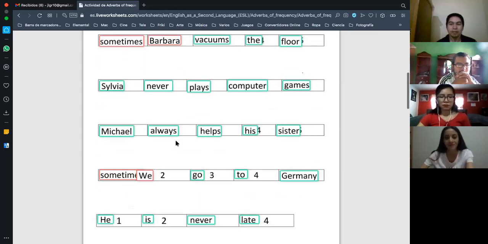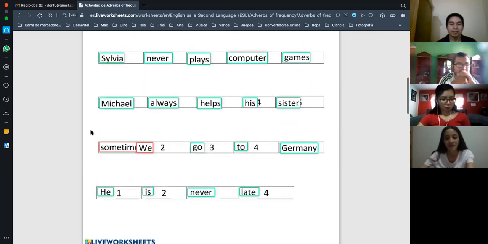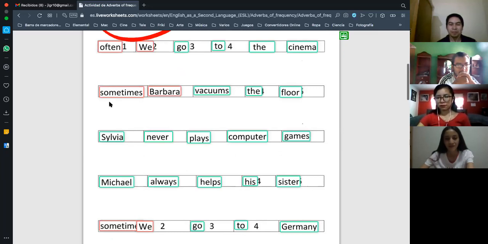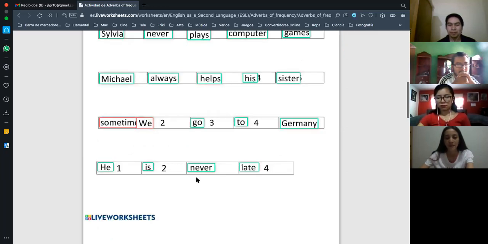And here, we is the subject, first position, then sometimes, second position, go to Germany, okay? So please remember that. Please, first is the subject, and in the second position, the adverb, okay? Except in verb to be, third position. Very good, Delfino, by the way.